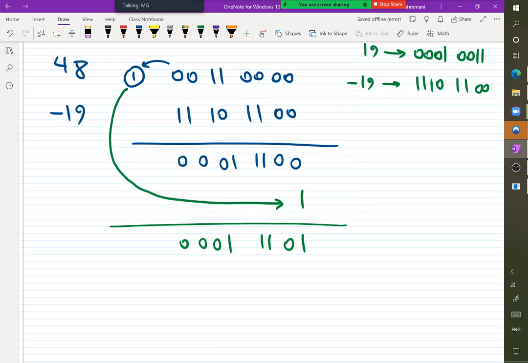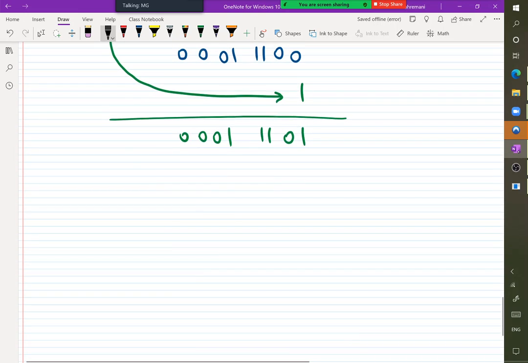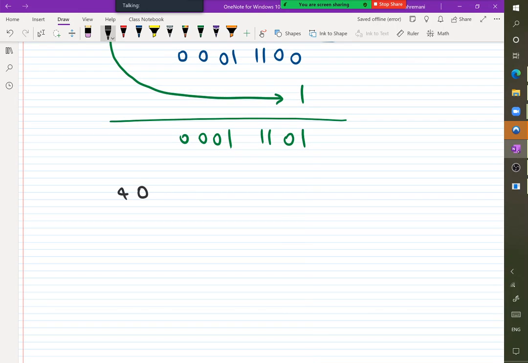And again, we do have two representations for 0. So positive 0 is 0, 0, 0, 0, 0, 0, 0, 0, and negative 0 is 1, 1, 1, 1, 1, 1, 1, 1. Still, we have two representations for 0.